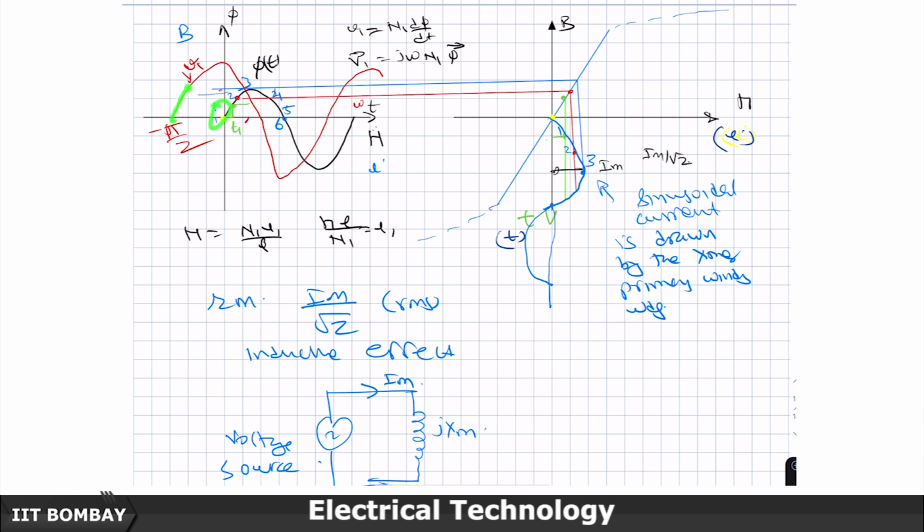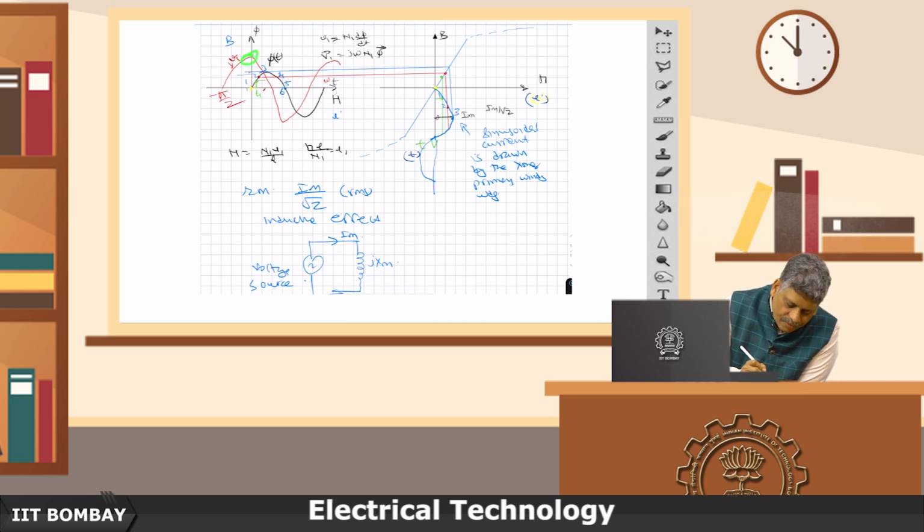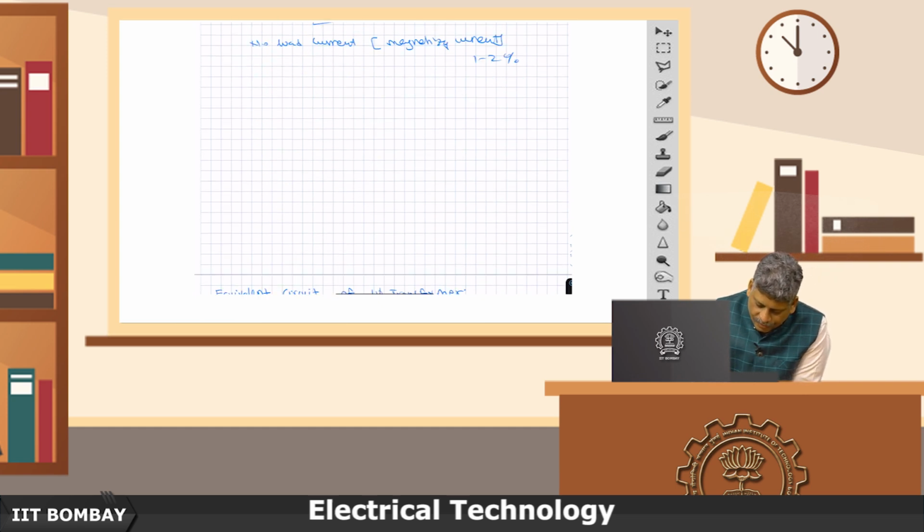So, that is why I have shown this as this. So, therefore, this is the Vm, and 1 by root 2 of it is Vrms, and we have plotted the Im also.